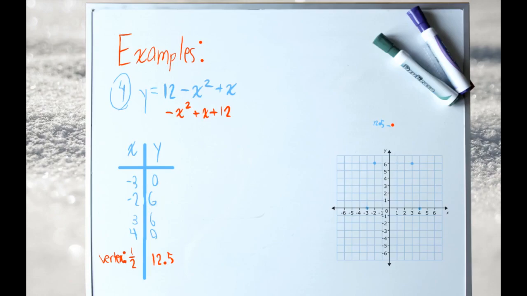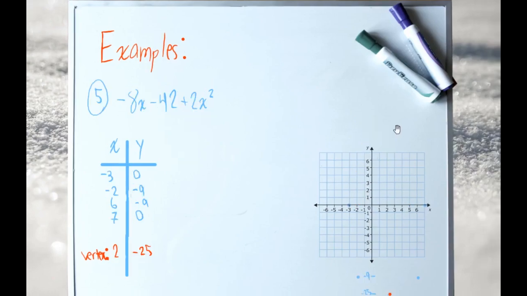Let's graph. So we get this and that, to have x equals -3 as our first x-intercept and x equals 4 as our second.